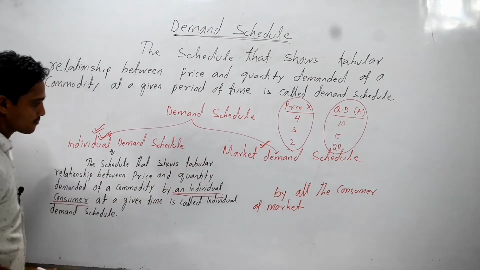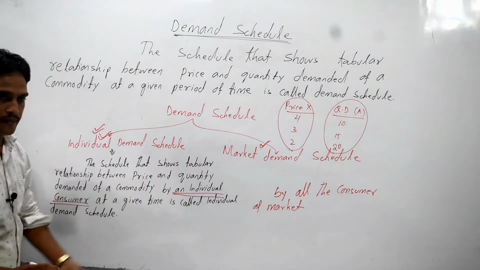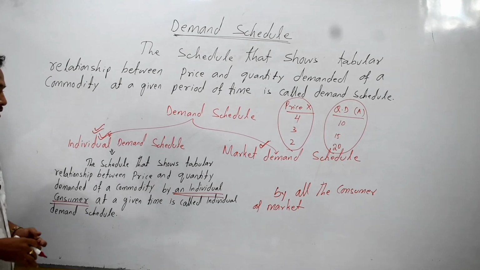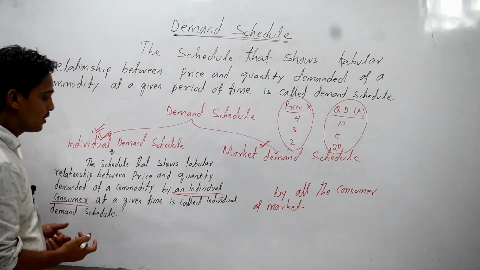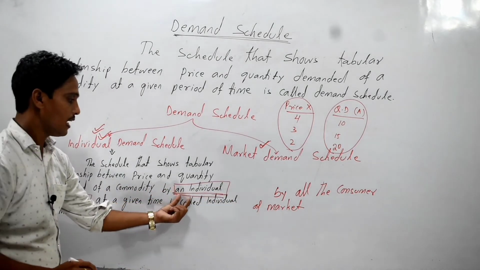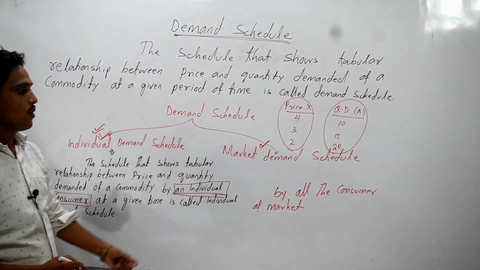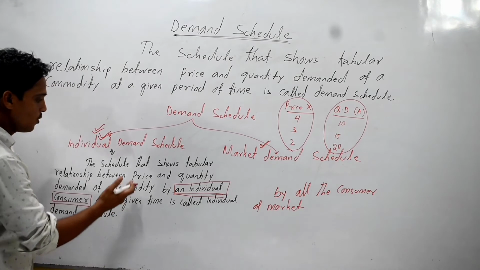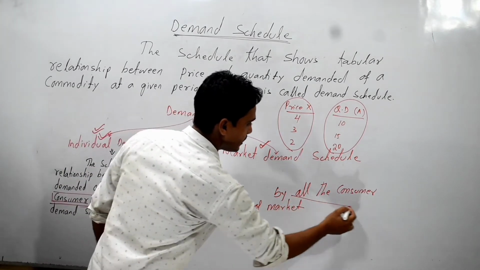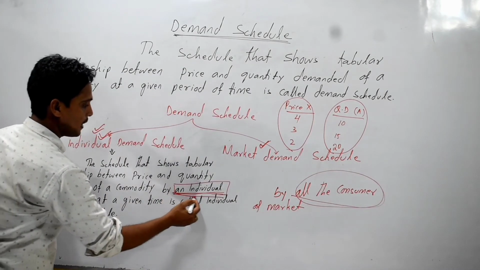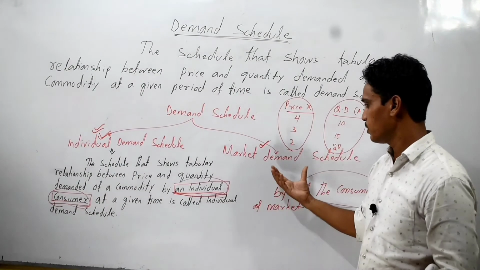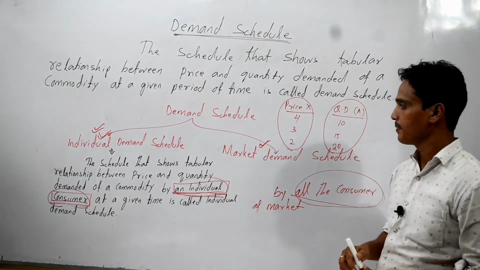The definitions are alike. Only in case of individual demand schedule, we use an individual consumer, whereas in market demand schedule we should use all the consumers in place of the individual consumer.